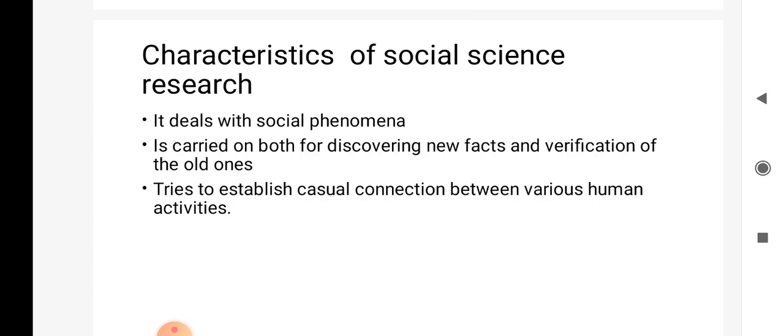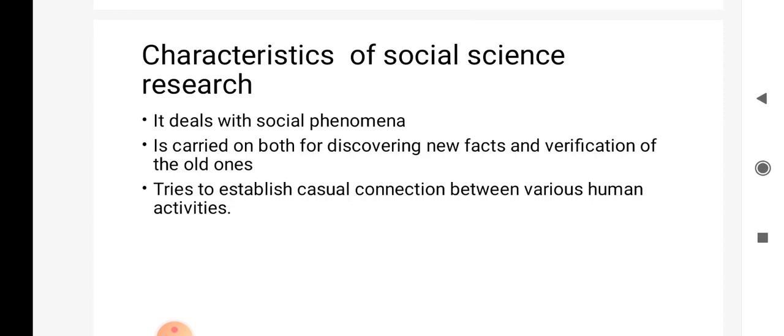What is the connection between his behavior and his attitude, and what are the reasons for that? That has to be understood before finding some solution to the adverse behavior or to the adverse attitude of that particular person. So it deals with establishing a causal connection between various human activities.